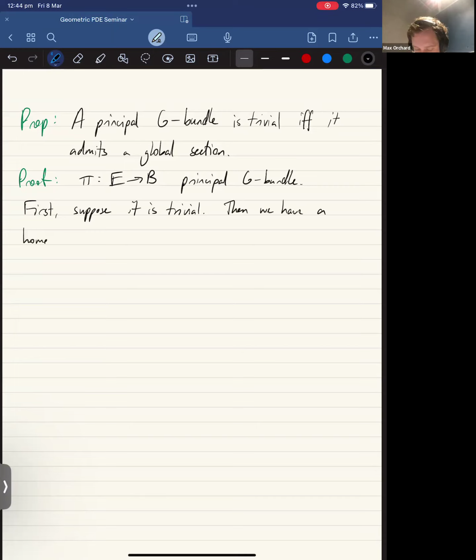If it's trivial, we have a homeomorphism from E to B cross G. That's what it means to be trivial. You're basically globally a product.